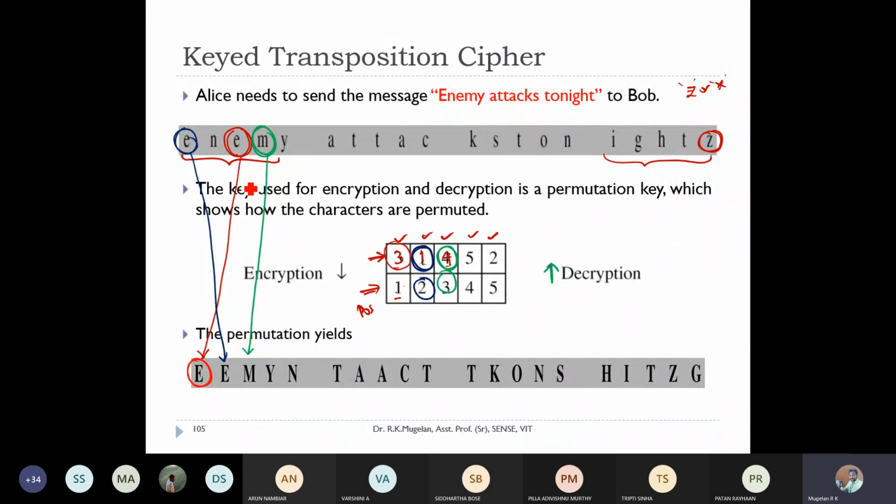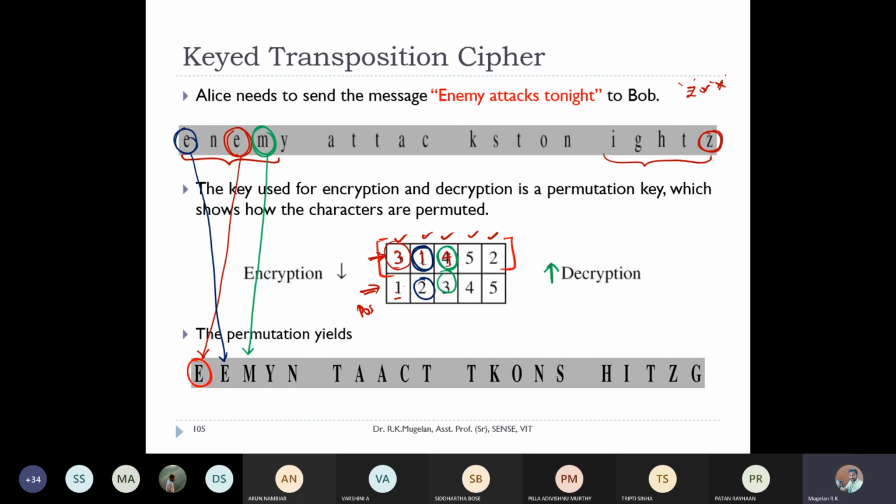So the first character goes to the third position. Obviously, the entire thing will be reversed. The thing which should be kept very secret is the key. This key should be kept very secret. This is a basic keyed transposition cipher. The value denotes the input, and the position of the value denotes the output.